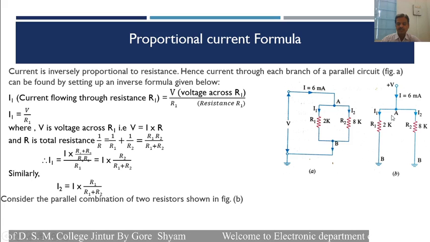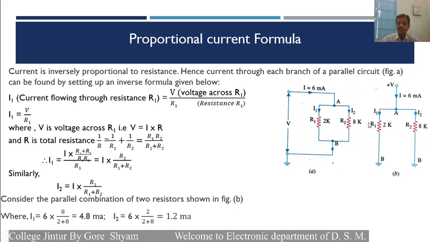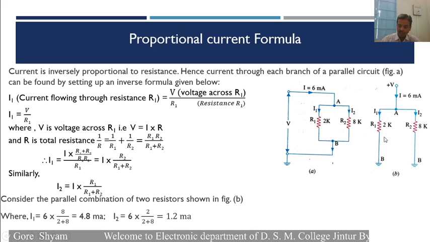Similarly, for this circuit, let us find out the current for this parallel combination. Here the current I1 is flowing through this branch, and I1 is equal to the total current, 6 milliampere, into the opposite resistance, 8 kilo ohm, divided by the total resistance 2 plus 8, and therefore I1 is equal to 4.8 milliampere.